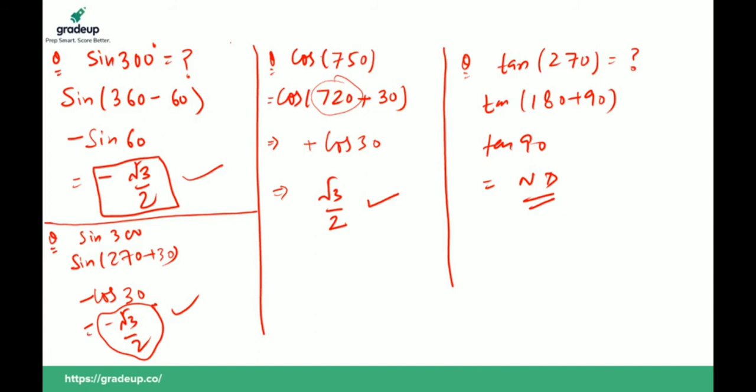Yes, in the fourth quadrant, cos theta is positive, but you have to check the sign of this, which you are converting. All right. Now, let's move.